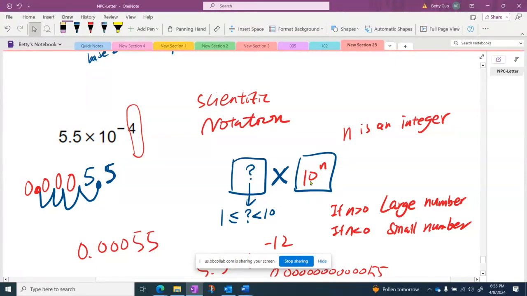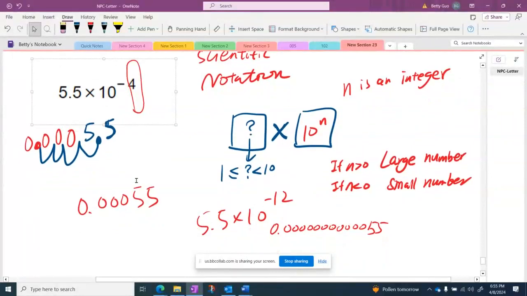There's a reason we have this concept in this chapter, because this is an exponential expression, right? 10 to the power of n, and n here must be an integer. When the integer is positive, this scientific notation represents a very large number. When the integer exponent is negative, like what we have here, the scientific notation represents quite a small number. Okay, ask questions if you have any.